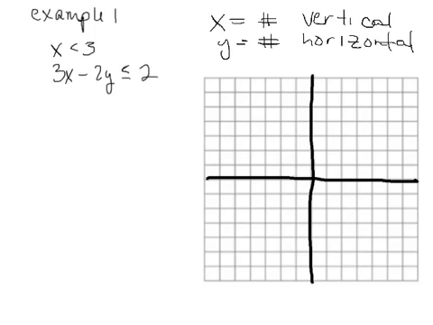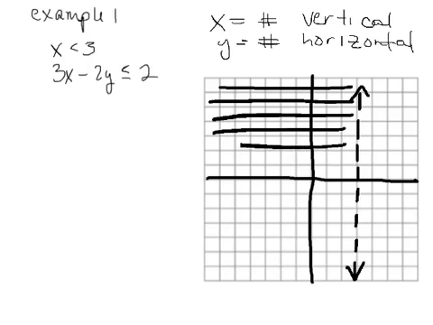Let's go to x equals 3, 1, 2, 3, and do a dashed line going up. And let's shade our x is less than 3. So we want to include everything smaller than x equals 3.